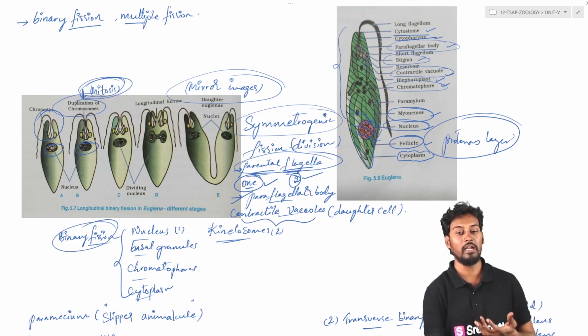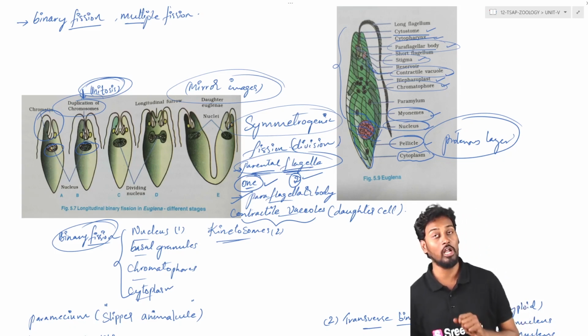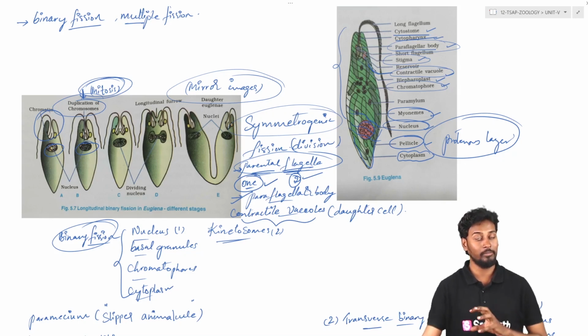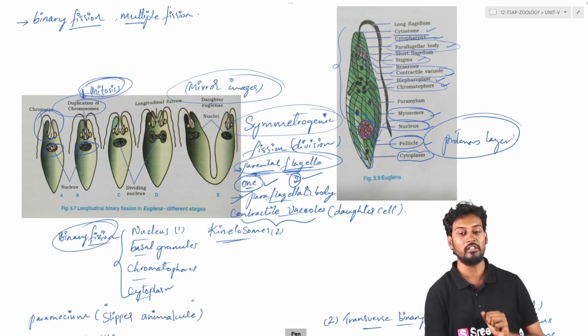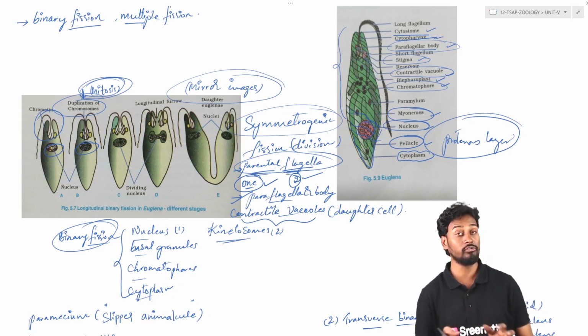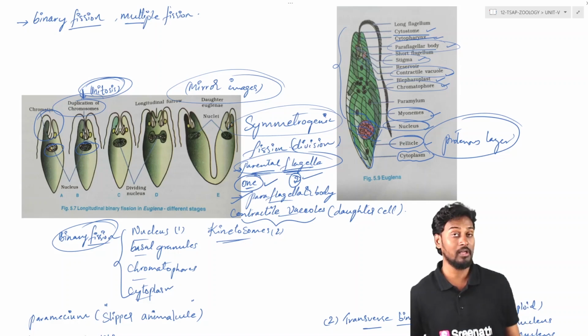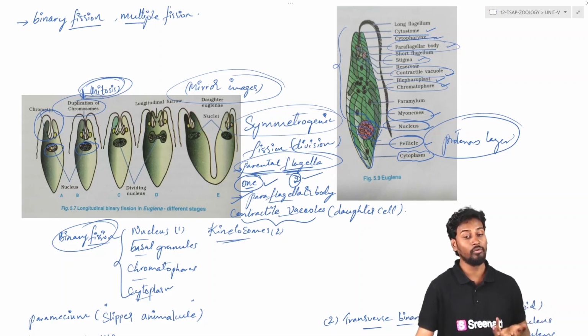For example, here we can see these contractile vacuoles. They are also distributed around, that is, in between the daughter cells. These contractile vacuoles play a major role in obtaining food, and they are also distributed around or between the daughter cells.